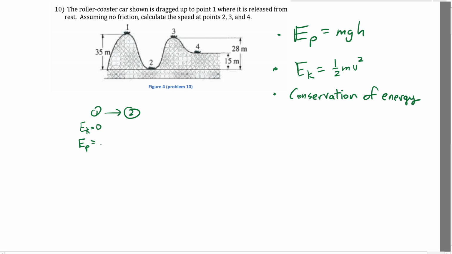We don't know the mass, but that's fine because you'll see when we do the calculations that the mass will cancel out. So mg times 35 is the height. And since all the height measurements are relative to the same line, we can just use the numbers they give us. If they weren't all measured to the same line, we would need height values all measured to the same reference position.